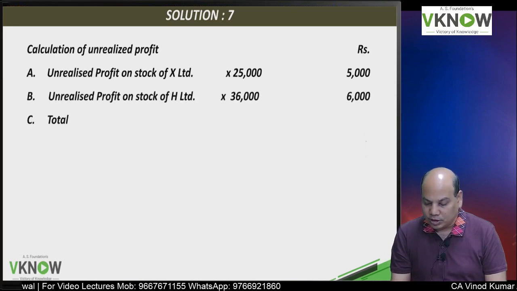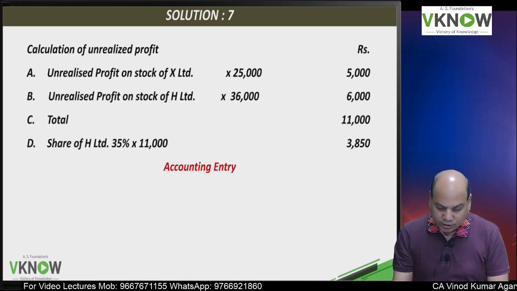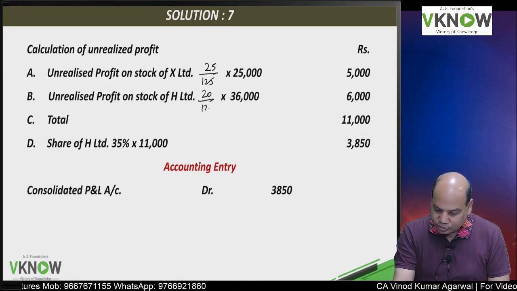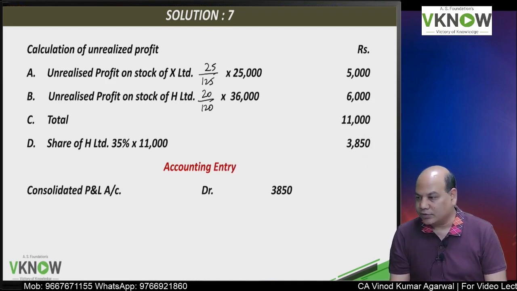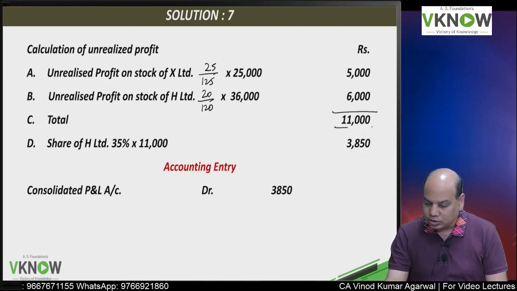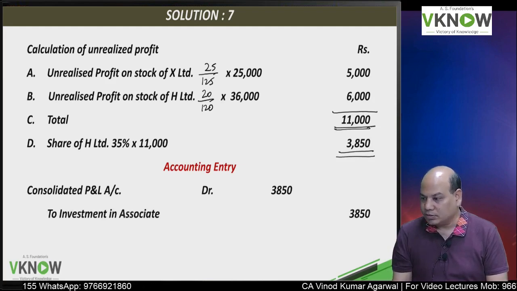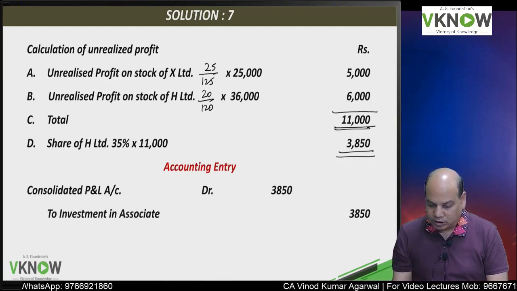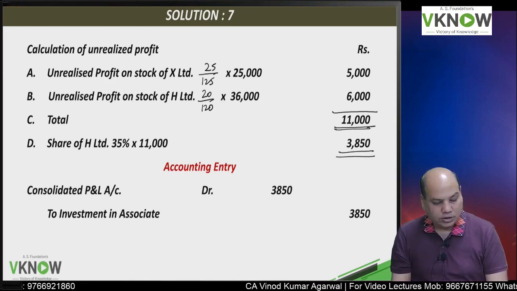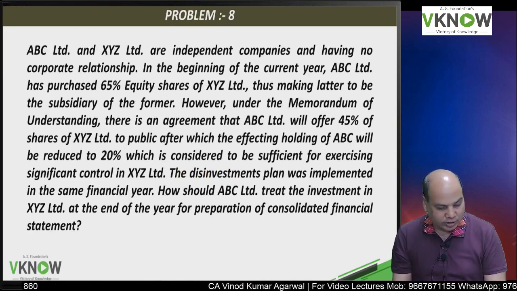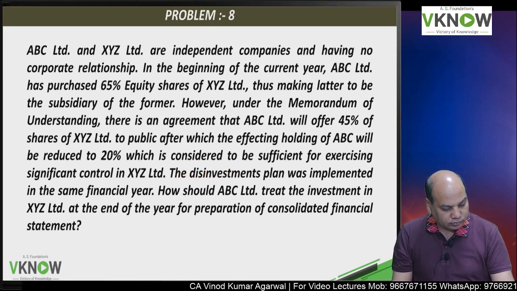First you compute unrealized profit on the first transfer, then you compute unrealized profit on the second transfer. Take the total 11,000, take 35%, 3850, and pass the journal entry. This is how you will solve questions of unrealized profit for AS 23.